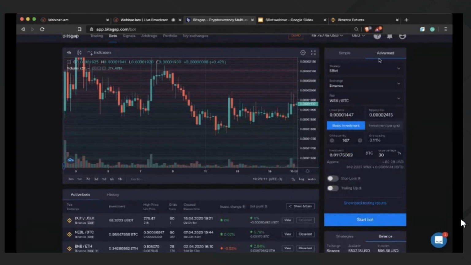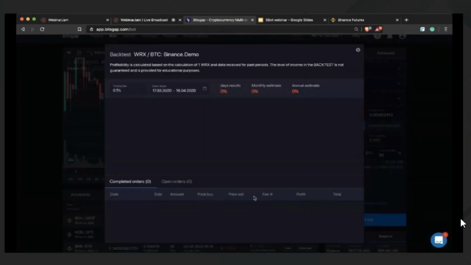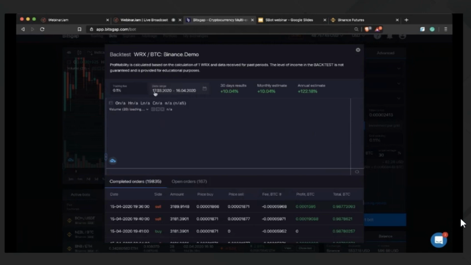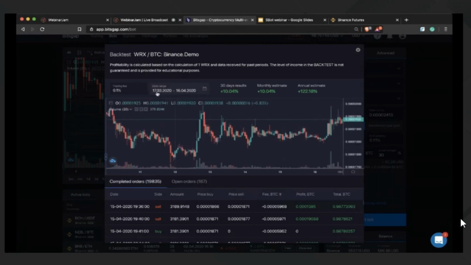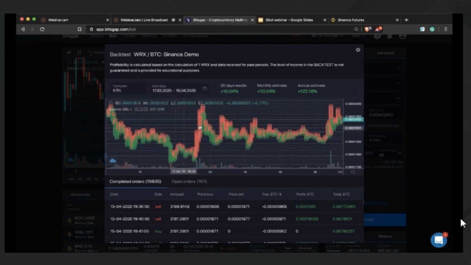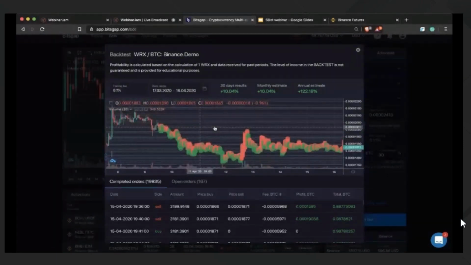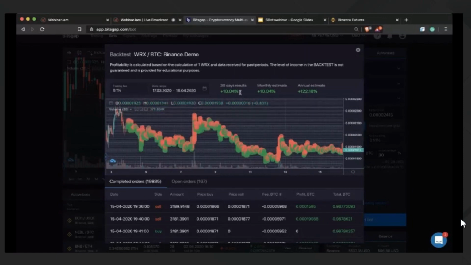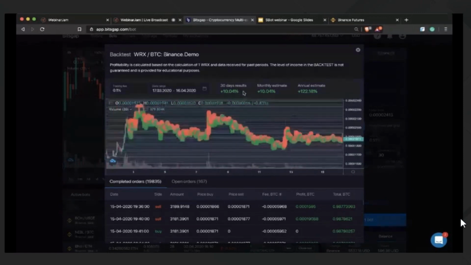All you need to do is open the advanced section and then go to show backtesting results. And here you can see that for the last 1 month, starting from the 17th of March, the bot has generated around 10.04%.